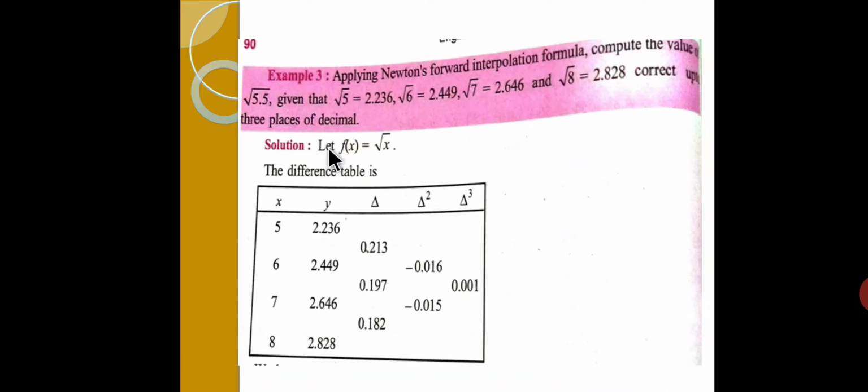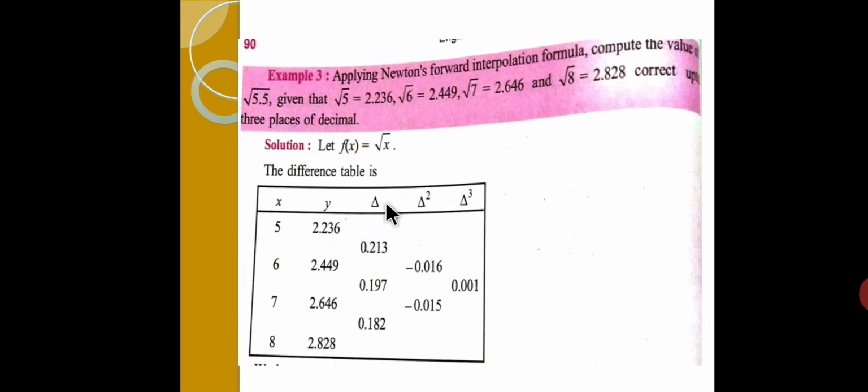Let f of x be the function of the form root x. Consider the difference table, and enter the arguments and entries. For x the given values are 5, 6, 7, 8, and for y the given values are 2.236, 2.449, 2.646, and 2.828. These x values are x naught, x1, x2, x3, and the corresponding y values are y naught, y1, y2, y3.